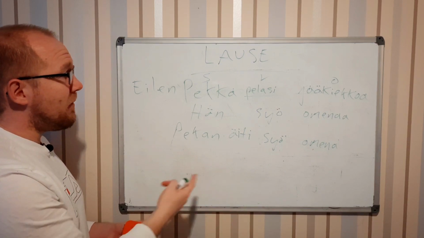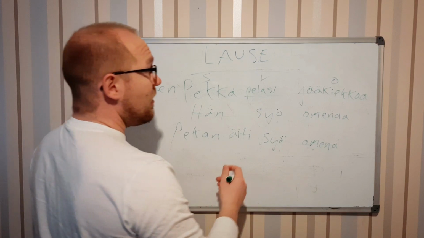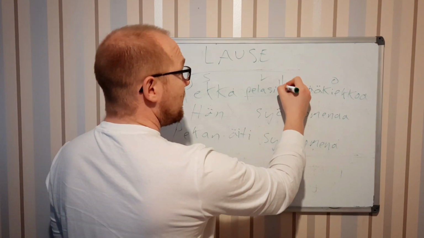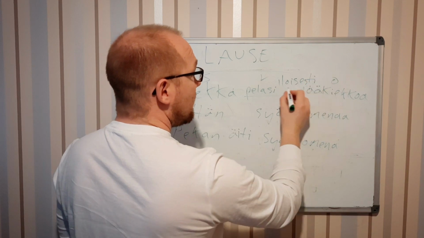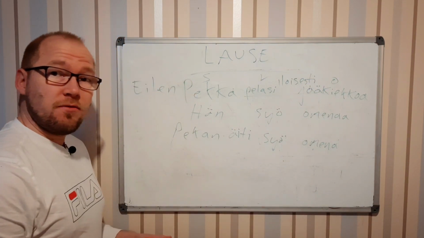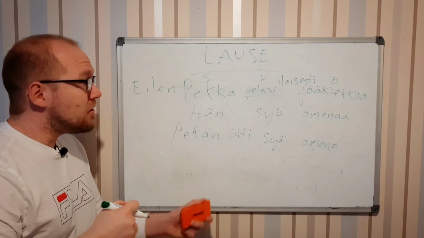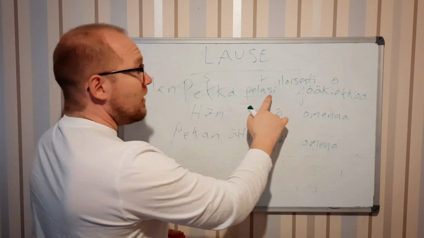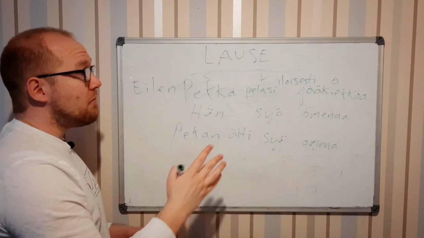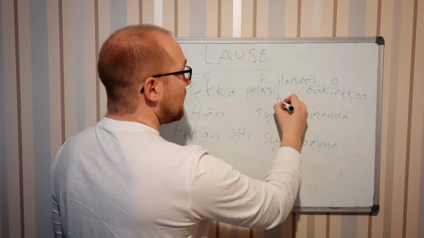Perhaps we can say Pekka pelasi iloisesti jääkiekkoa. Iloisesti. And what if Pekka scored many times? We can say eilen Pekka pelasi iloisesti. Okay, but we can say hyvin. Hyvin.